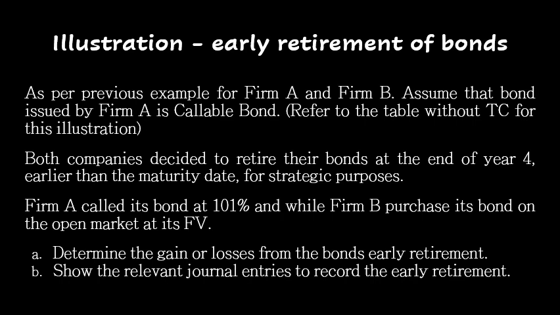As for Firm B, it also wants to retire its bond earlier than its maturity. Now say for example that the two firms wanted to retire their bonds at the end of year 4 or period 4. Firm A called its bond at 101%, while Firm B purchased its bond from the open market at its fair value as at the end of year 4 or period 4.